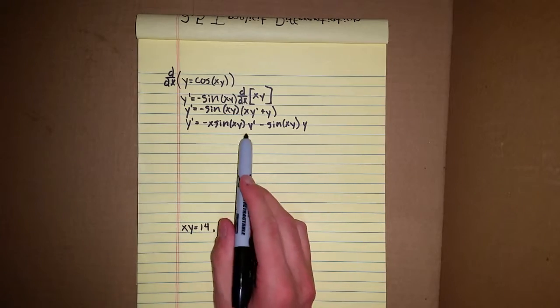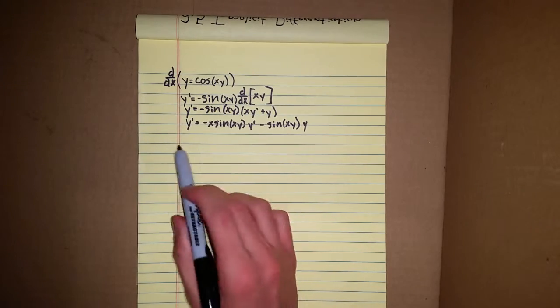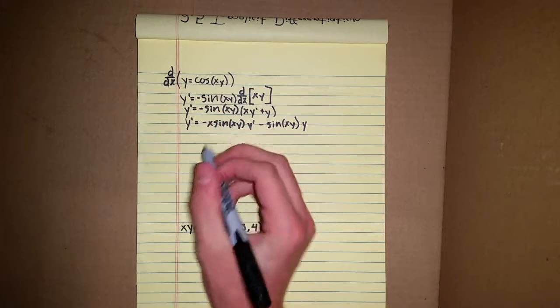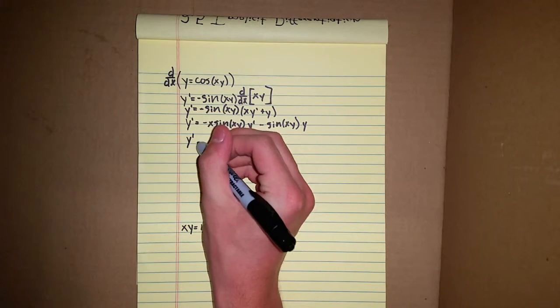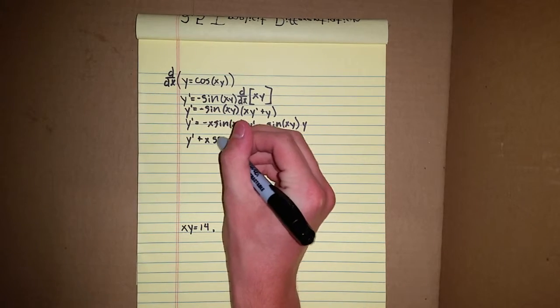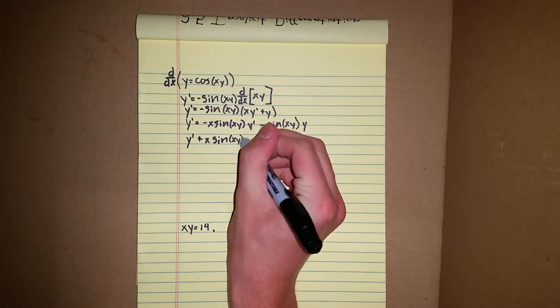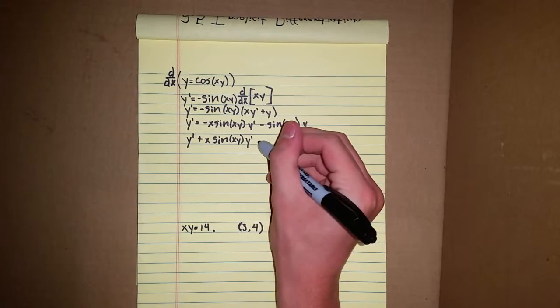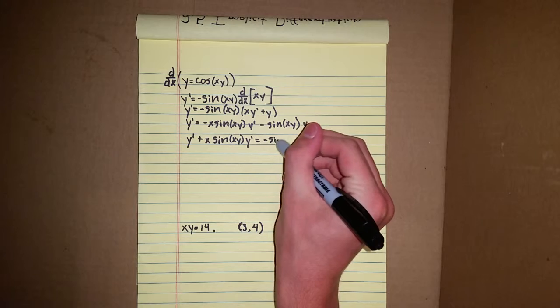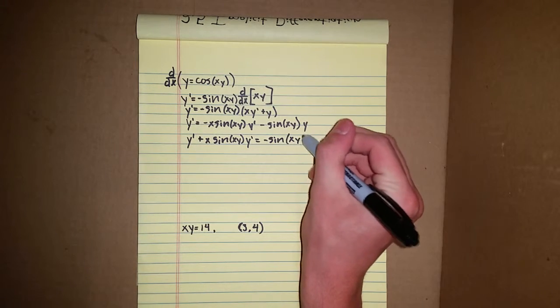Now I'm going to get all my y prime terms on one side, so I'm going to move this term over. Y prime plus x sine of xy y prime is equal to negative sine of xy y.